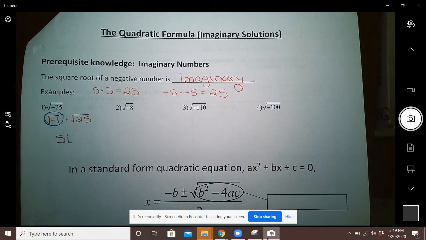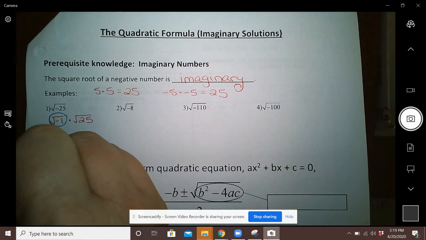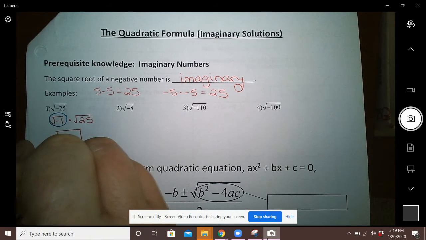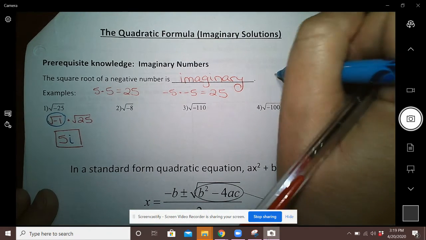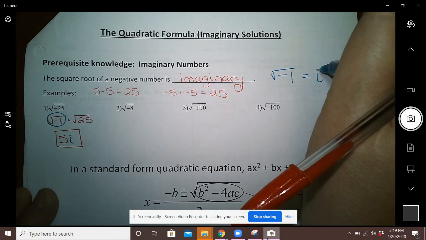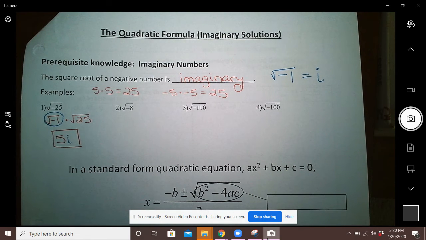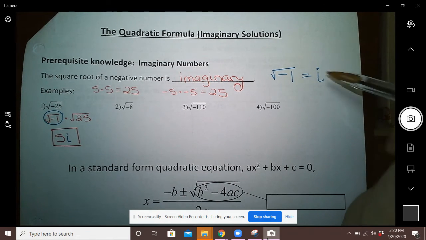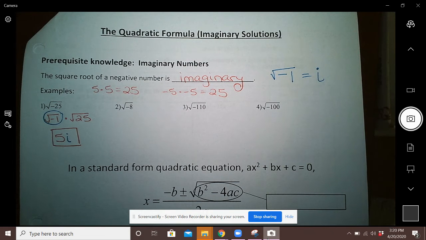So my final simplification here, my final answer is 5i, imaginary 5. Make sure you jot that down. The square root of negative 1 is equal to a number called i. And I put a little tail on my i so it doesn't accidentally look like a 1.